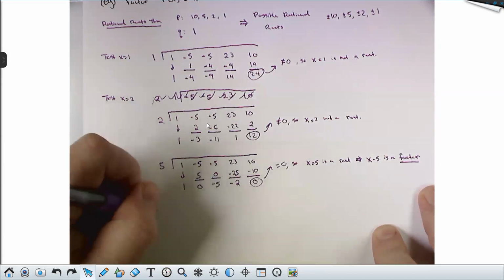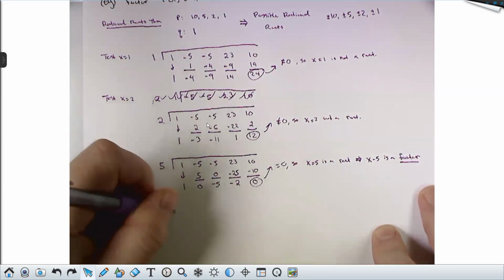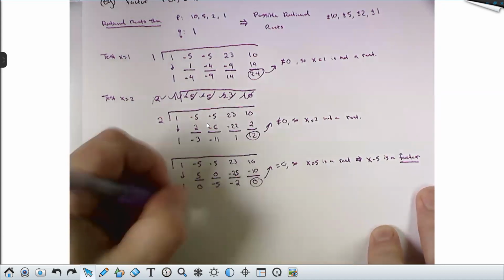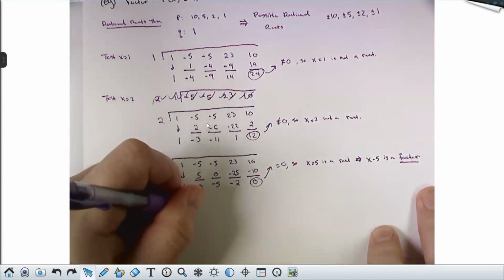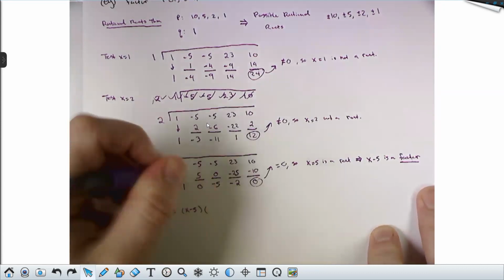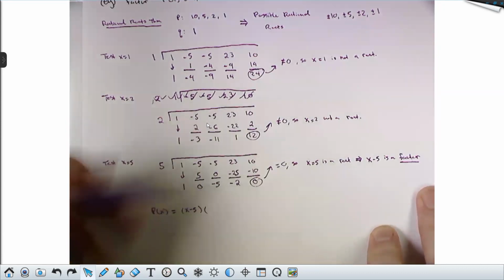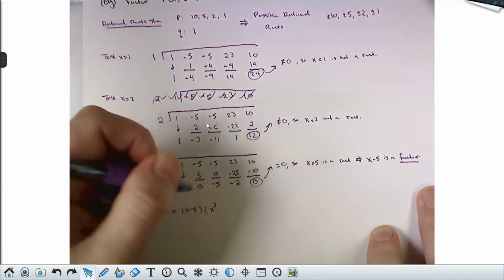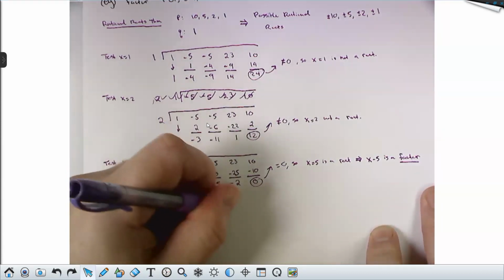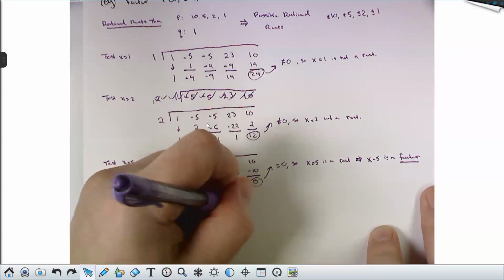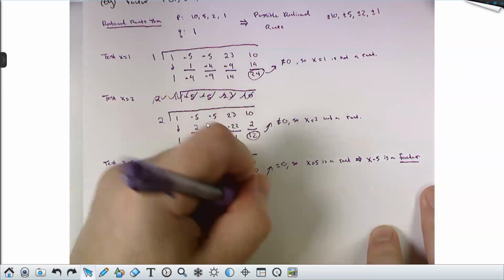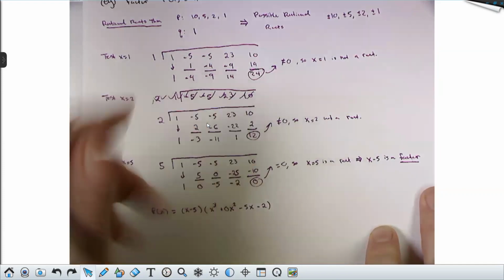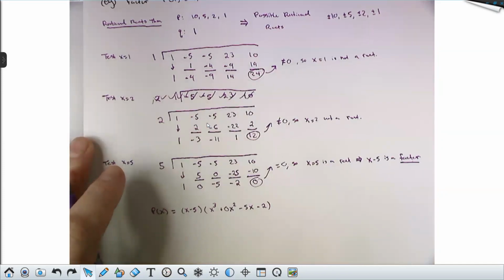So I can say p of x is x minus 5, the factor we found, times the quotient whose coefficients are here, which would be 1x cubed plus 0x squared minus 5x minus 2. Good so far?